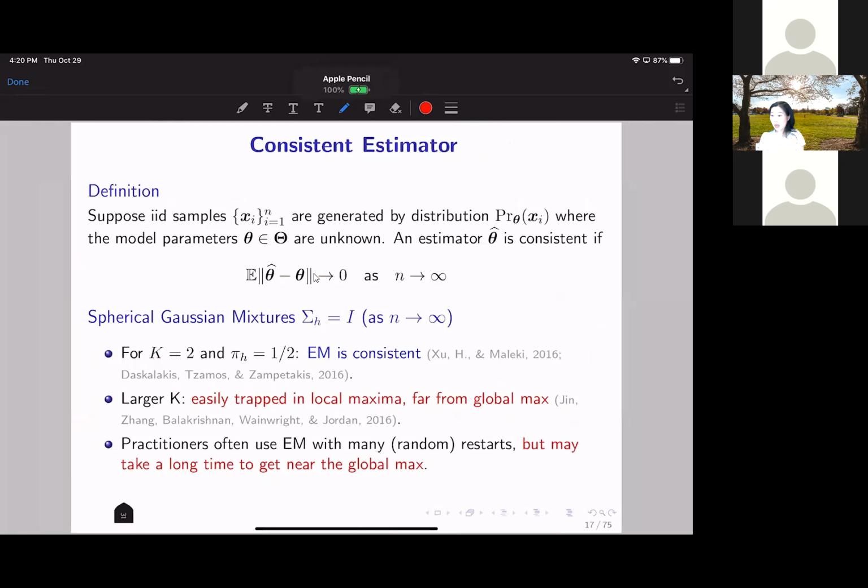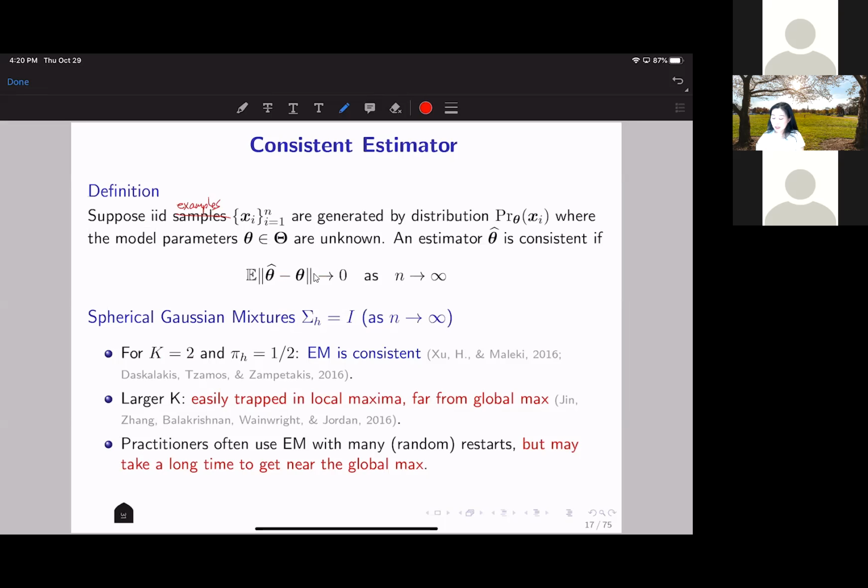So the definition of the consistent estimator is, suppose you have IID examples. Again, this is examples, not samples. That are generated by distribution p theta of x_i, where the model parameter theta is unknown. Okay? So this is exactly our learning problem.